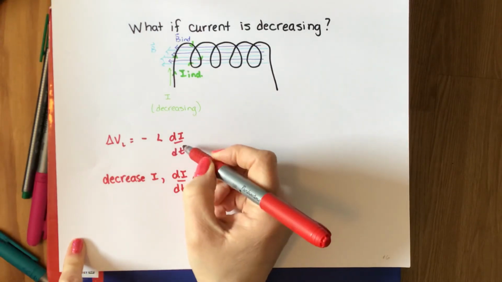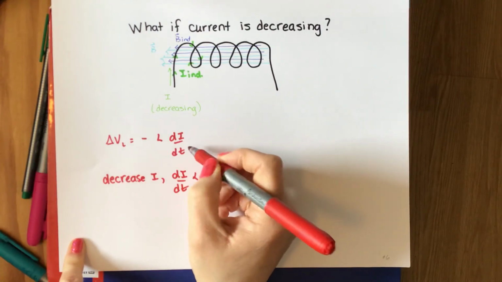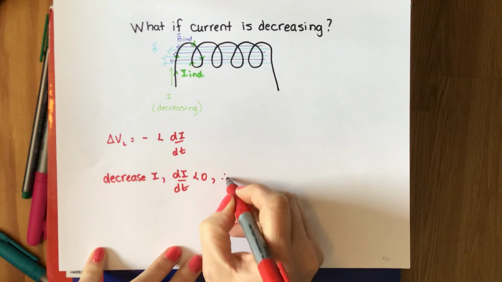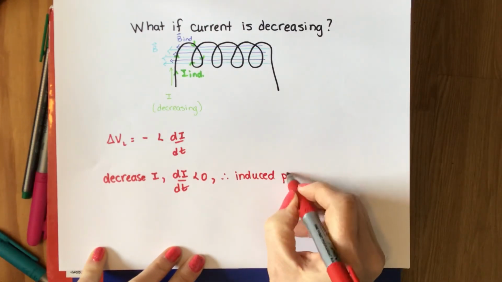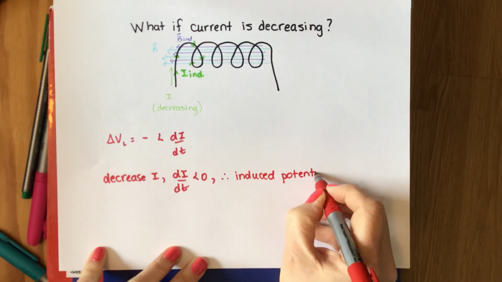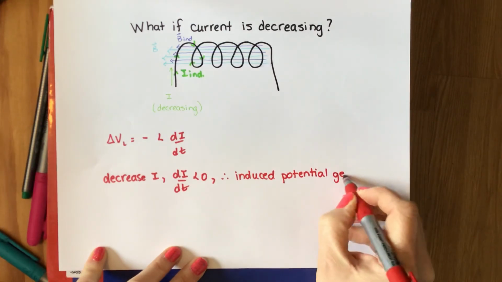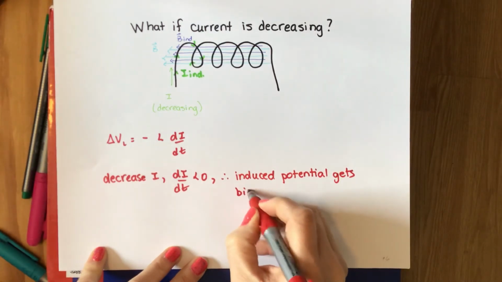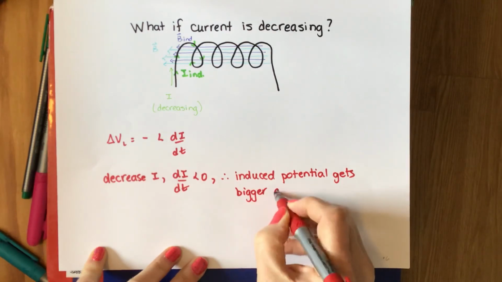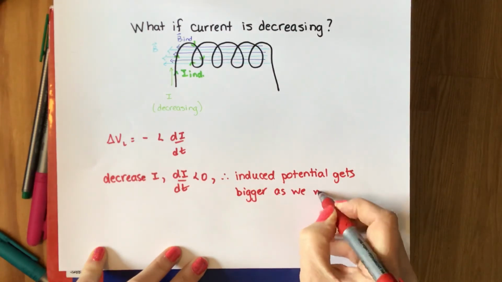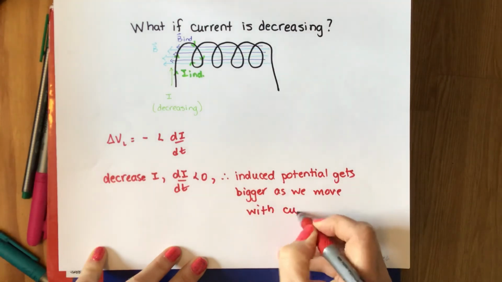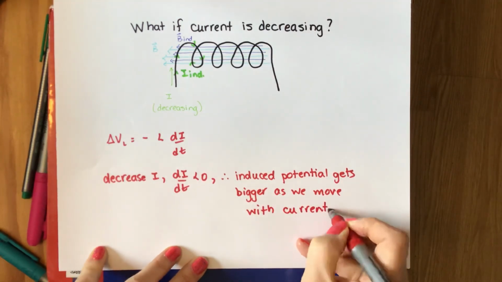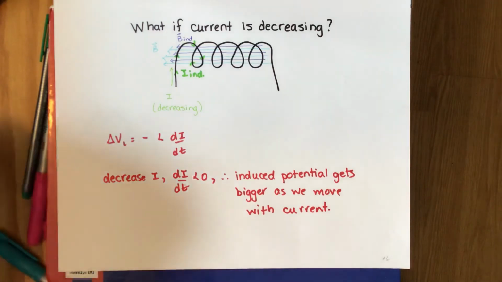If it's less than 0, then our potential gets bigger as we go with current. And that matches what happens in our diagram.